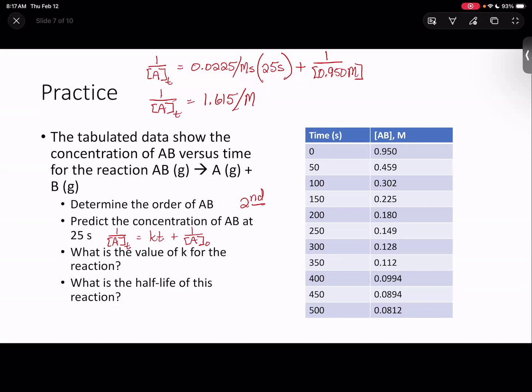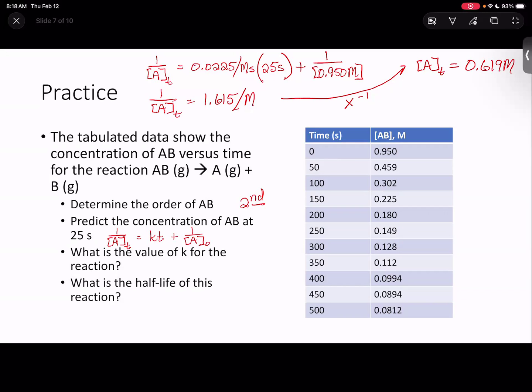Now you can use your inverse button, which is the x to the -1 button on your calculator. There it is. And what we find out is that our concentration at the 25 seconds is going to be equal to 0.619 molar.